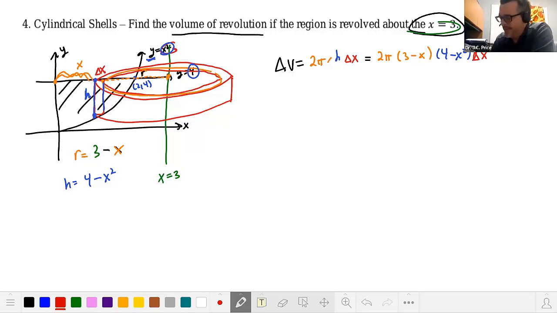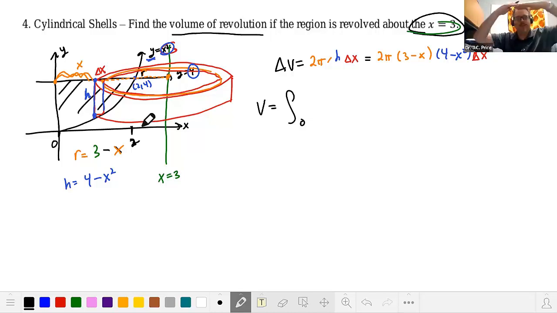And so my V would be equal to the integral from 0, so you're going from 0 here over to right here, which is 2. And notice it's the vertical here that's changing along the x, basically, right? So that vertical rectangle, that's how I know it's with respect to x and not with respect to y, because of how it moves.